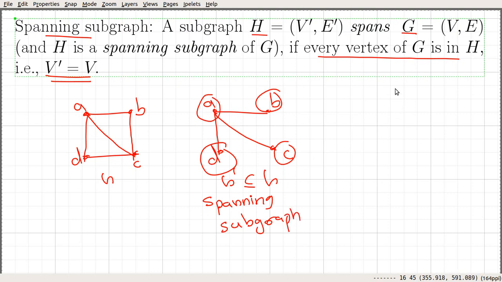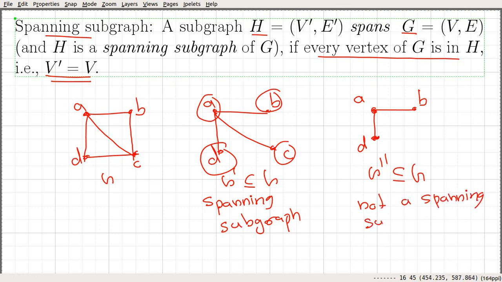So let me give an example of what is not a spanning subgraph. A, B, D. Okay, so let's consider this graph, let it be say G double dash. Immediately we can see that G double dash is a subgraph of G, but it is not a spanning subgraph.